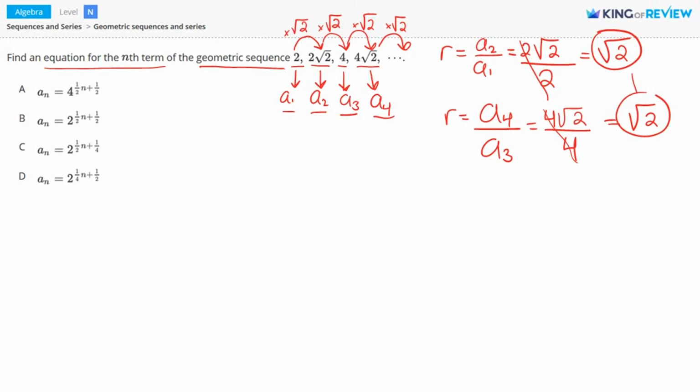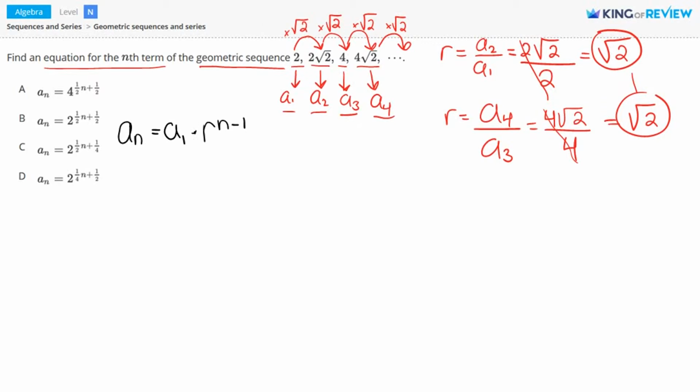So we have a rule for a geometric sequence. This rule has the following formula. An equals A1 times R to the n minus 1 power. So this is the nth term of a geometric sequence with A1 as the first term and R as the common ratio.